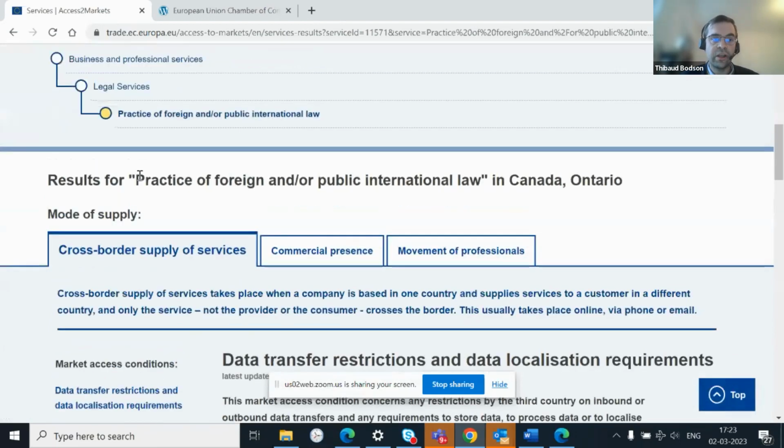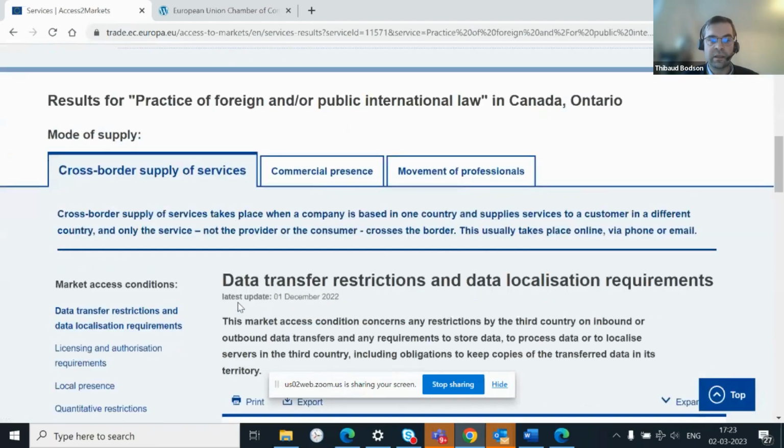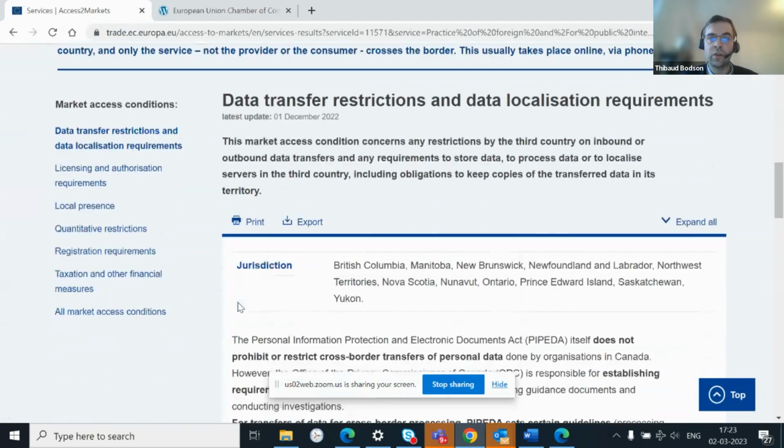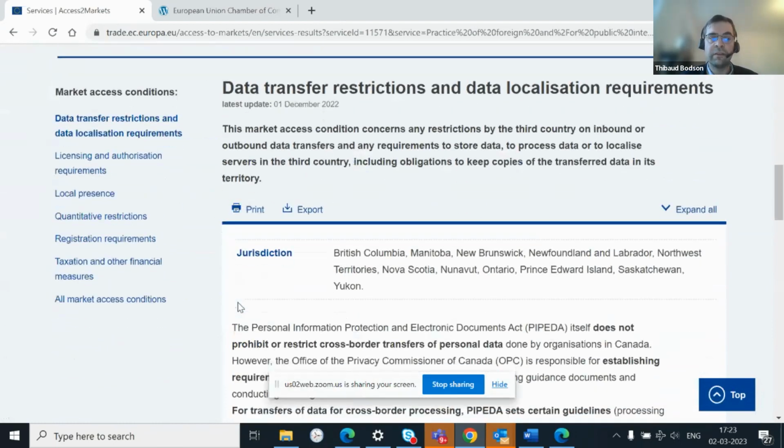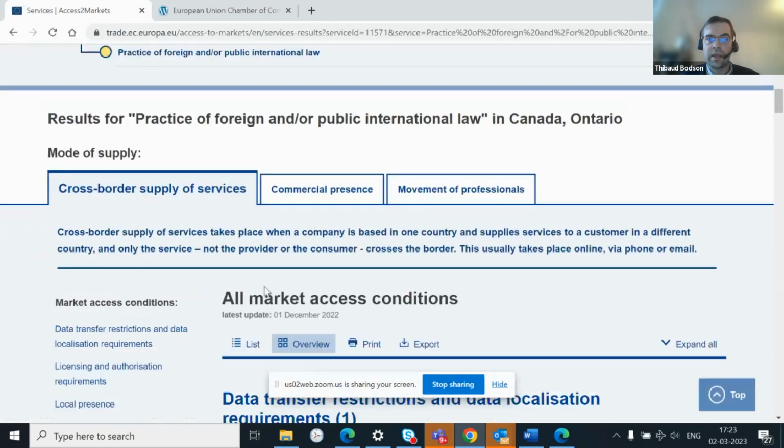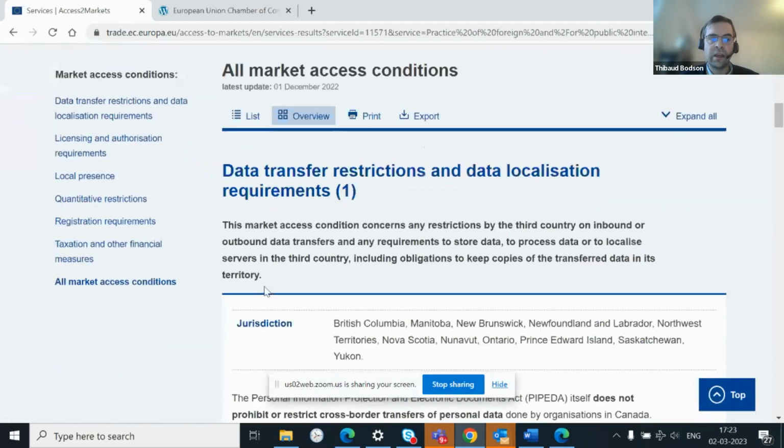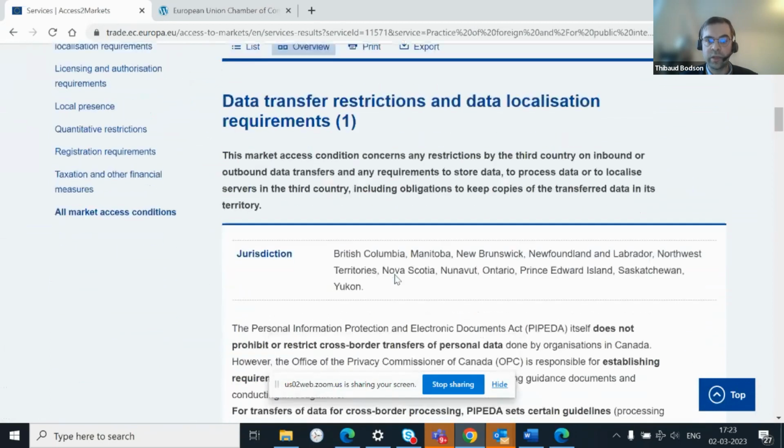Well, you have here the results, meaning the different conditions that your company will have to fulfill if it wants to export legal service to Canada. And you will see very practically here, I clicked on all market access conditions. So it basically lists all the different conditions that you will have to fulfill.